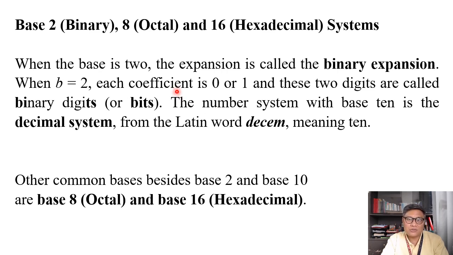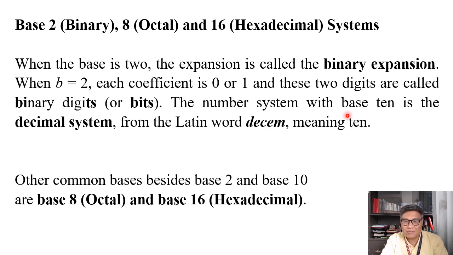When the base is 2, the expansion is what we call binary expansion, and b is equal to 2, indicating that it is base 2. Each coefficient for base 2 is only the digit 0 or 1, so for base 2 we only have combinations of 0s and 1s. These two digits are what we call binary digits, thus the name bits, taken from the BI and the TS.